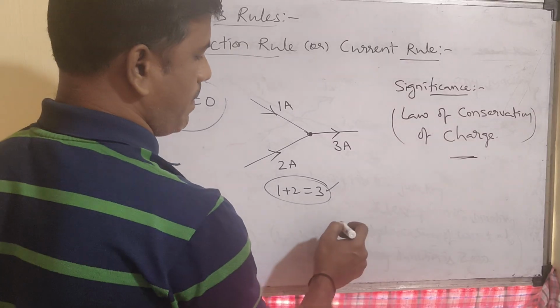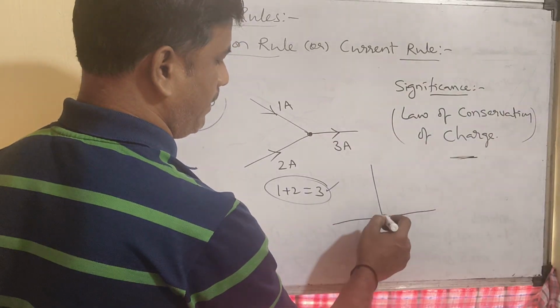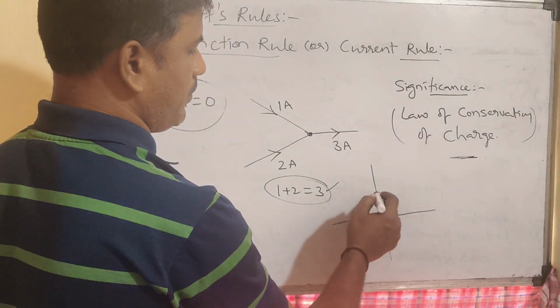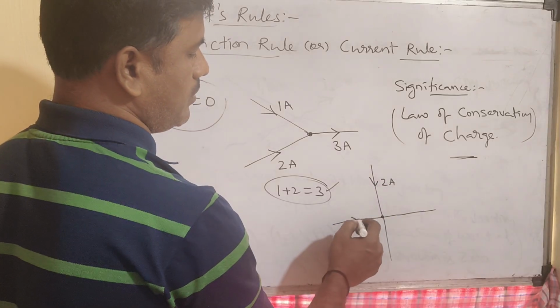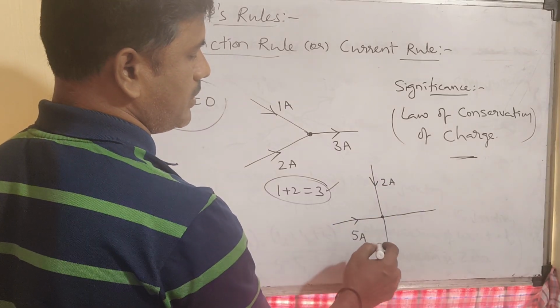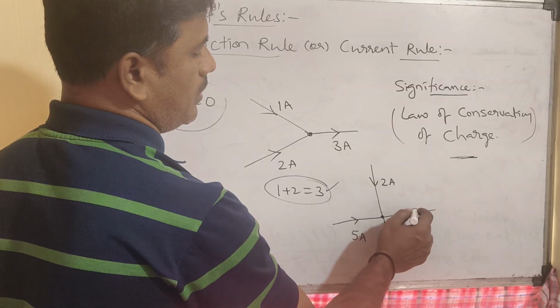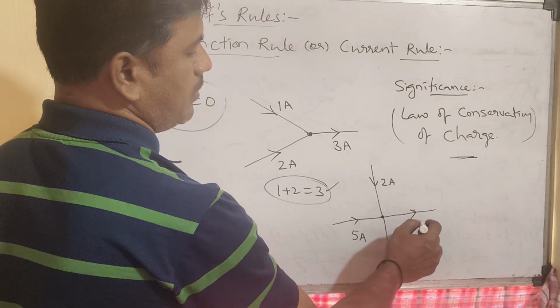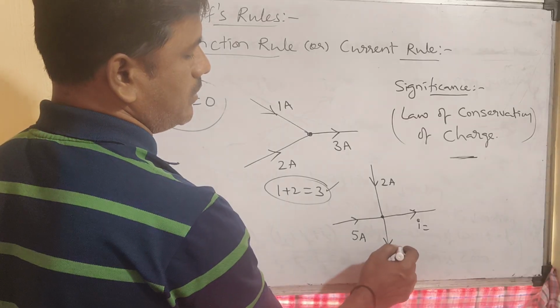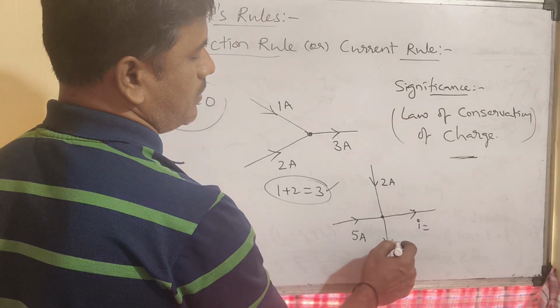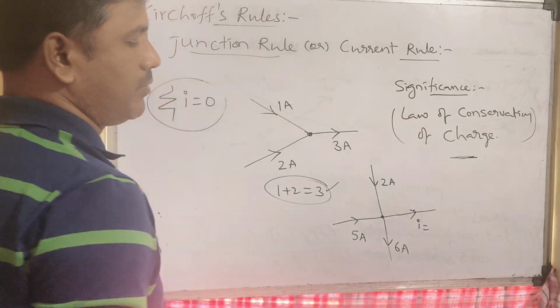For example, here 2 amperes, here 5 amperes, here an unknown current I, and here 6 amperes.